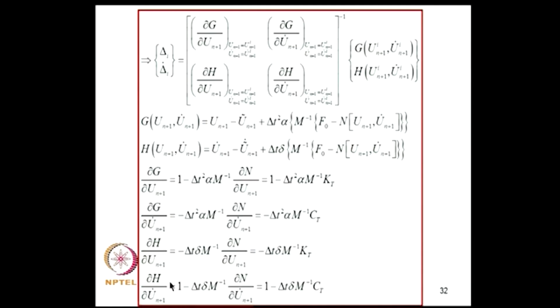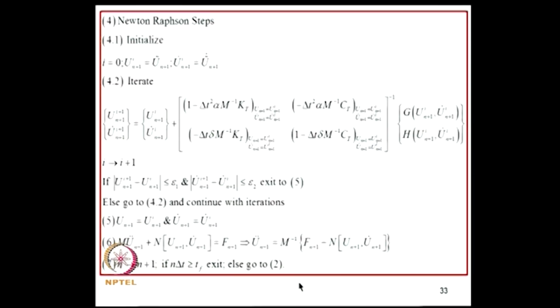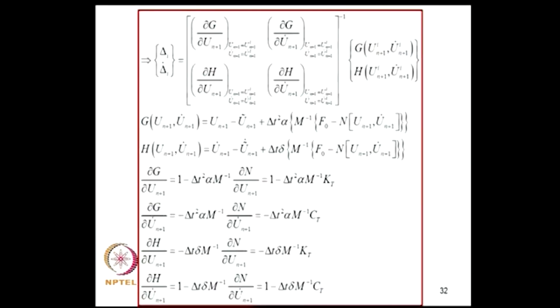They can be evaluated from Newmark's model, and we get these quantities in terms of the tangent stiffness matrix and tangent damping matrix as shown here. So, we can now write this matrix in terms of KT and CT, which we will do now.